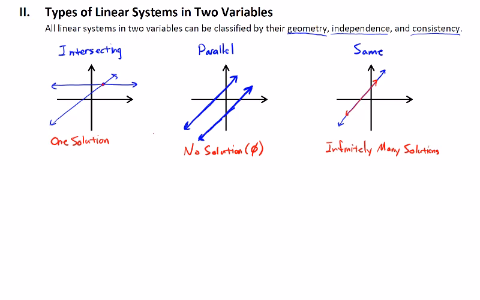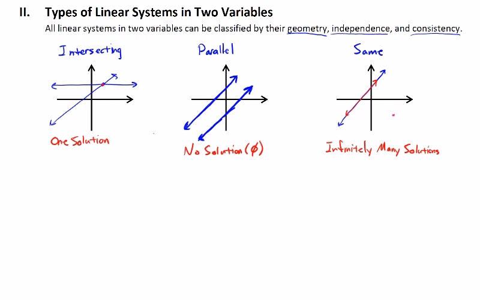A lot of solutions. But there would also be a lot of ordered pairs that are not solutions to this. So when we say infinitely many, it doesn't mean every conceivable ordered pair, because there's an ordered pair right here that's not a part of either one of those lines, and that ordered pair does not get to be a part of the solution.